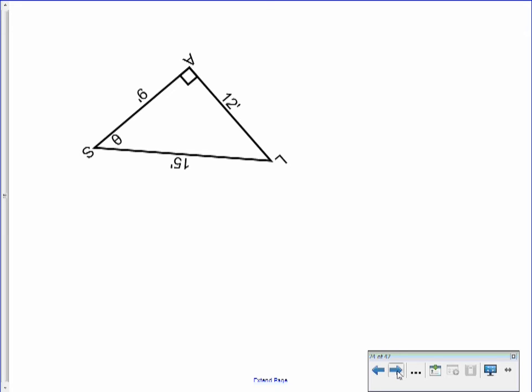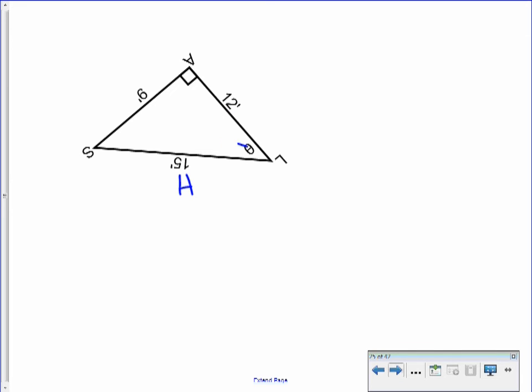Where's the hypotenuse now? Where's our opposite? Our adjacent? So you've got to be able to identify each of these parts. Where's the hypotenuse?